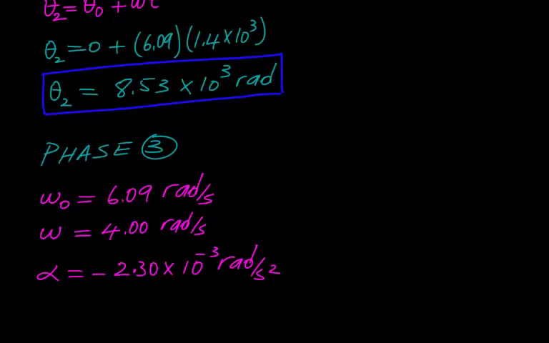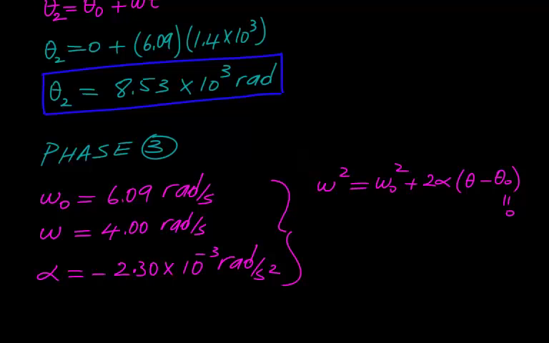Based on this information that we have, the best tool to solve for the angular displacement is the following one: omega final squared equals omega initial squared plus 2 times alpha times the angular displacement, theta minus theta 0. I'm going to start again using the initial angular displacement to be 0. The information that we have are omega, omega 0, and alpha, therefore we can solve for the theta.